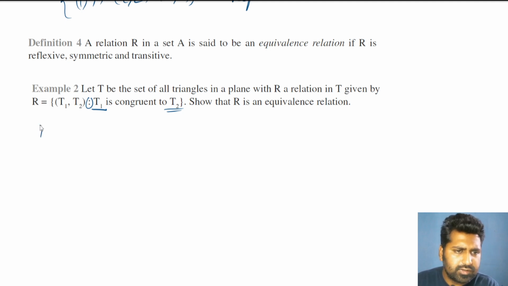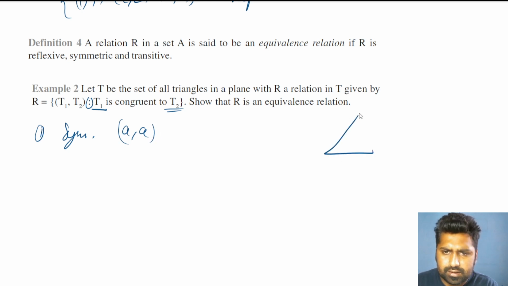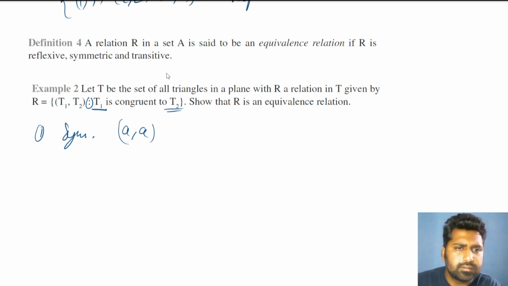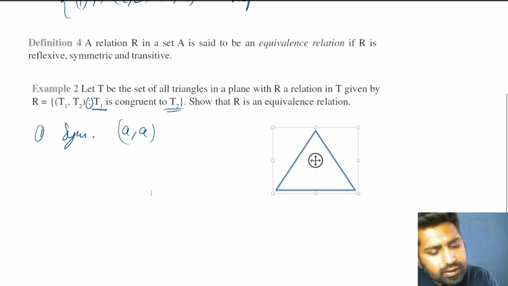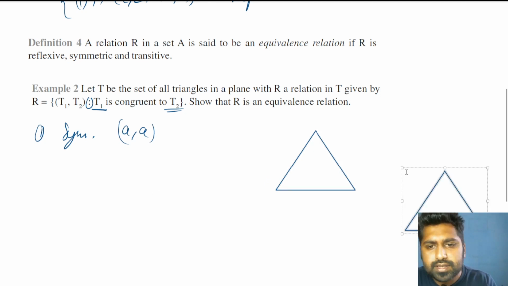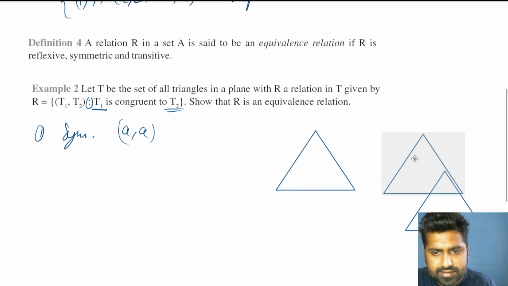So let's see. Reflexive goes like (A, A). So if I say (A, A), it means there is a triangle called A. Let's say this is a triangle, and if I copy it and paste another triangle, this is just an exact copy of this.